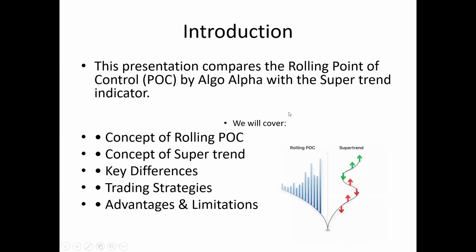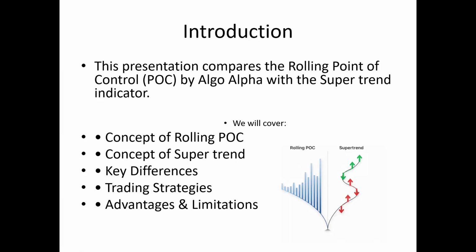This presentation compares the rolling point of control by Algo Alpha. This is the indicator, and I must thank this person. Really, it is a very good visual representation by Algo Alpha.